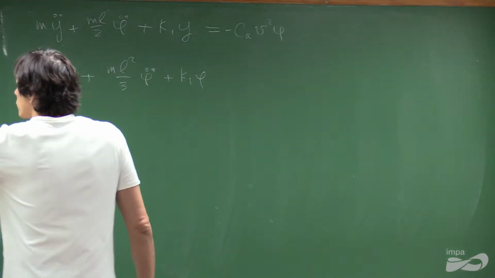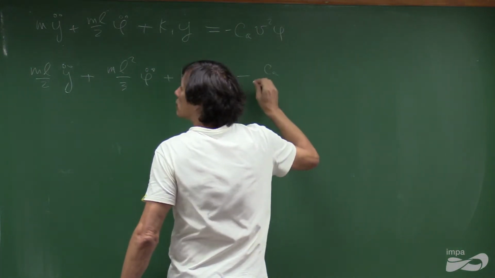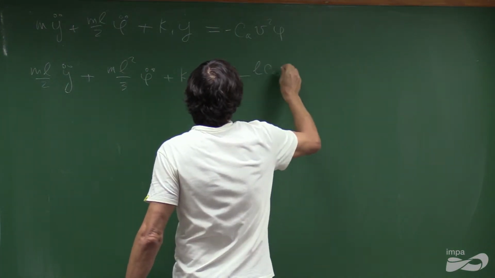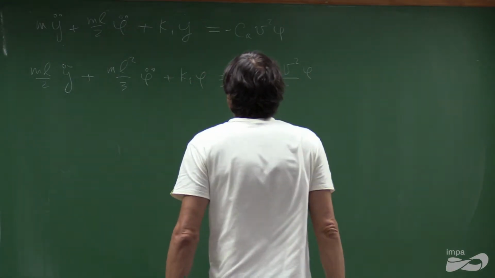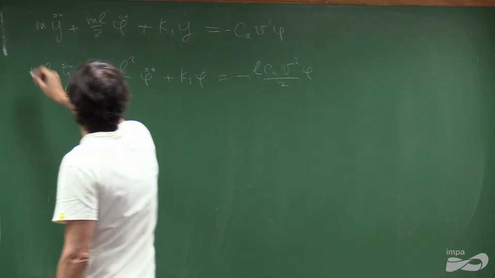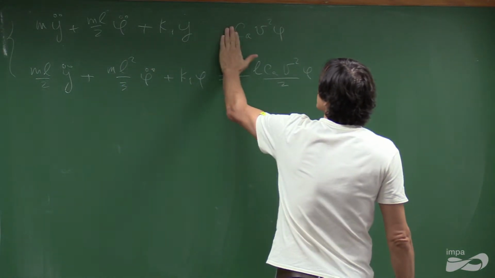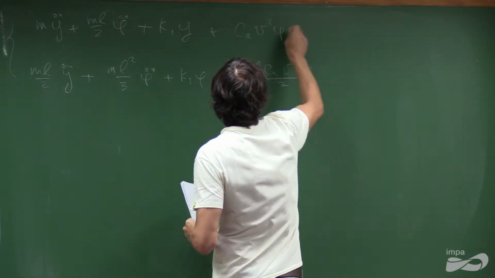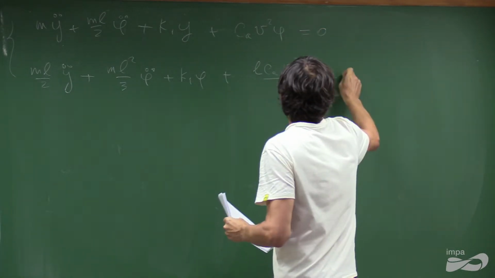And then the force gives you minus Ca L v squared phi over 2. So what we can do, we put it on the left-hand side, so it will become plus 0. It also becomes plus 0.